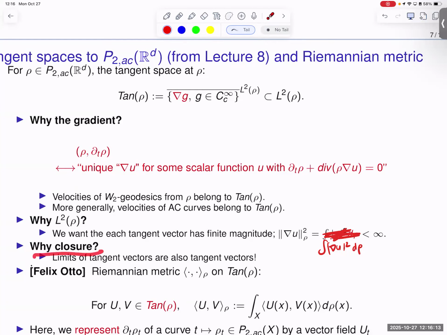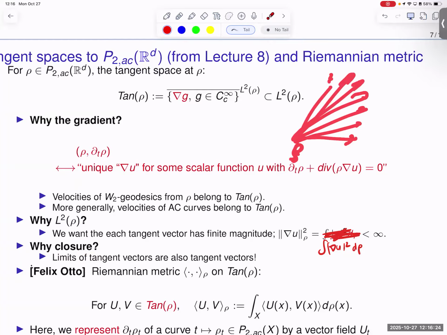Why closure? At a location rho, you have different tangent vectors. Let's say these tangent vectors converge to something, but that object in the limit should again be a tangent vector to have some reasonable geometry. So the limit of tangent vectors should be tangent vectors.